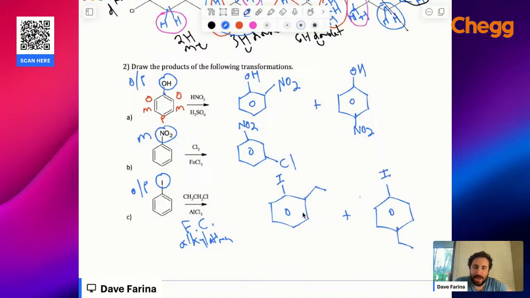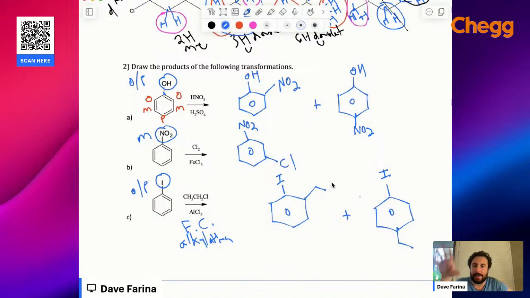And once again, probably the ortho substitution will dominate in the product mixture, or will be the main product, because of the two ortho positions as opposed to one para position. But you will get a significant amount of both. So we say, right, there would be even a tiny amount of meta, but it's so insignificant that we don't count it as a major product. These are both major products, 70-30, whatever it is, something like that.